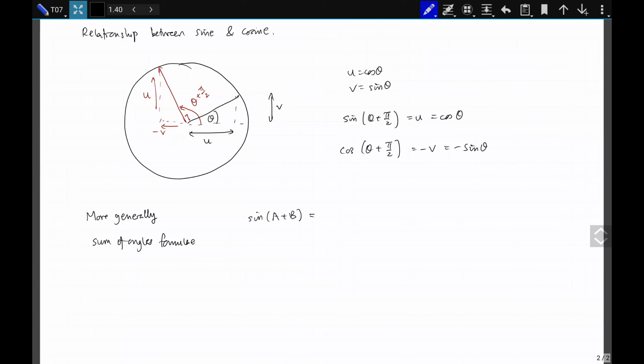Sine of a sum of two angles is symmetric in the two terms, it has to be, because sine of a plus b is the same as sine of b plus a. And the cosine is also symmetric in a and b. But it's cos cos minus sine sine.